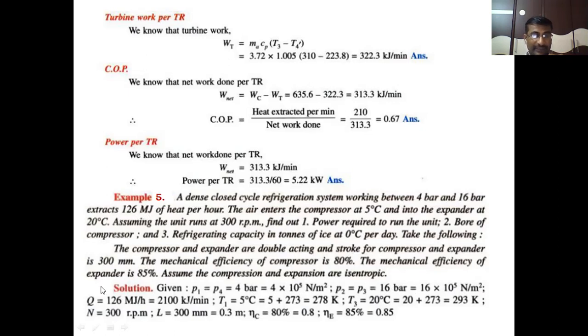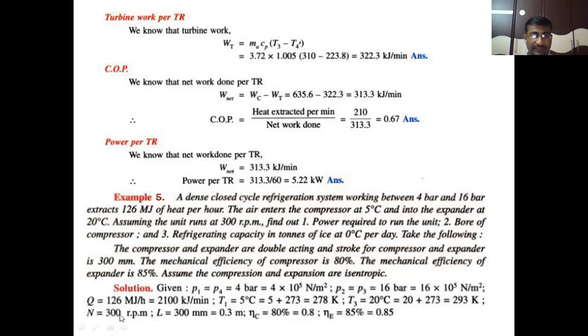The heat extraction capacity of the system Q is 126 megajoules per hour, or 126 into 1000 by 60, which gives 2100 kilojoules per minute. The air entering the compressor, T1, is 5 degrees centigrade or 278 Kelvin. Clear, students? T3 is given as 20 degrees centigrade or 293 Kelvin in absolute scale.